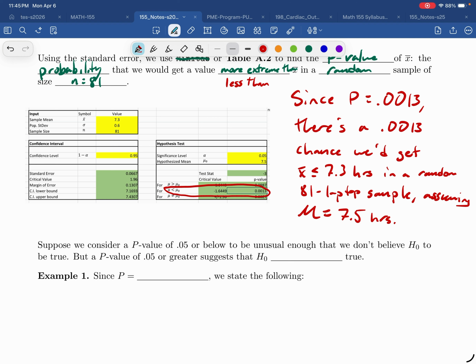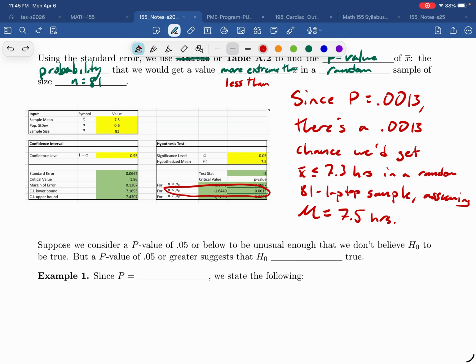So, assuming that the mean battery life was 7.5 hours, it is very unlikely, right? It's like a 0.1% likelihood that we would get such a low mean battery life from an 81 laptop sample. Right? So, typically the standard is that P be less than 0.05.